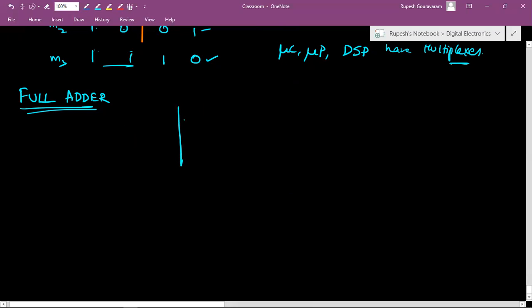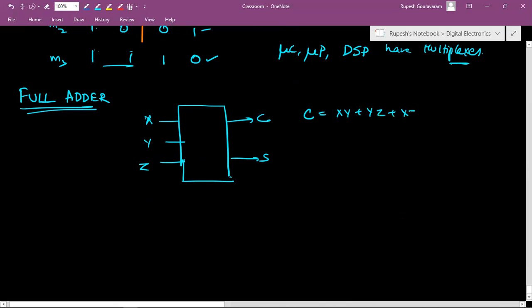Now we have 3 inputs, x, y, z, and we'll have a sum and a carry. So the carry is given as xy plus yz plus xz, and the sum is given as x xor y xor z.